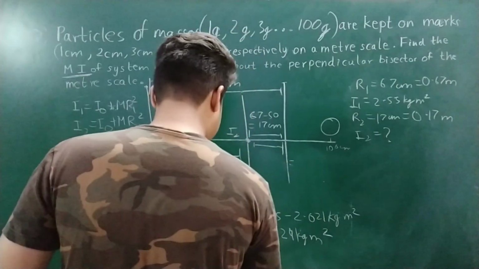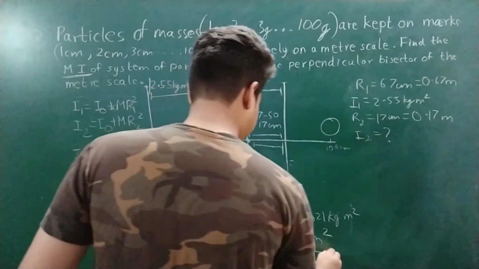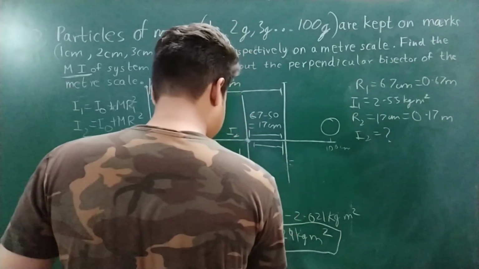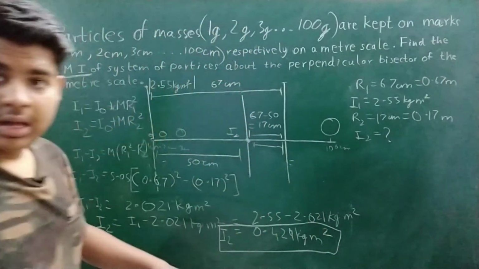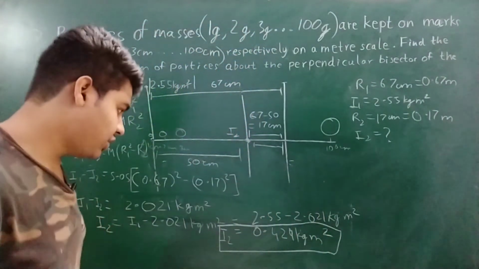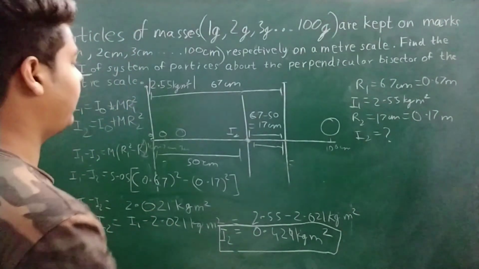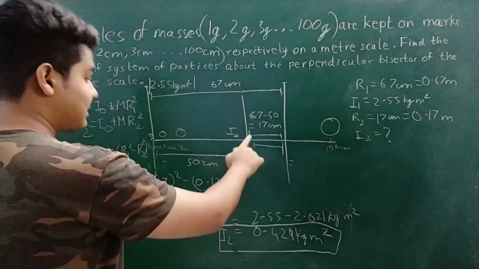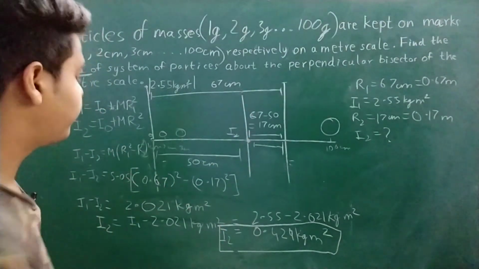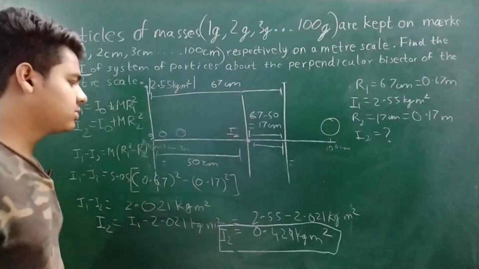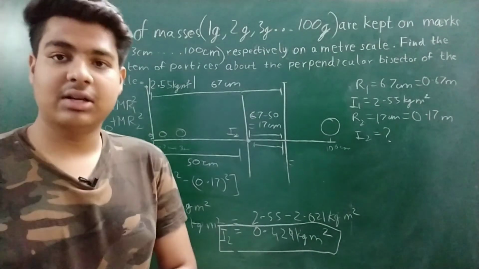This is your I2. This is the answer that you have to find out: I2 at the center of the scale, the moment of inertia, is 0.429 kg meter square.